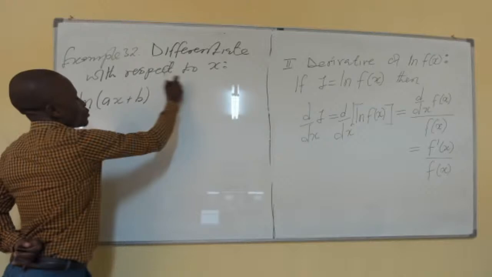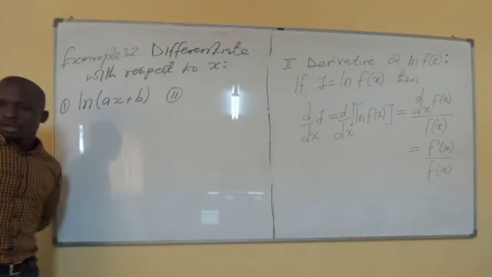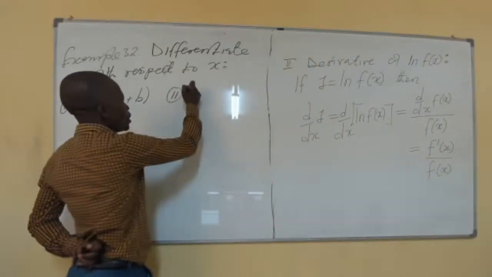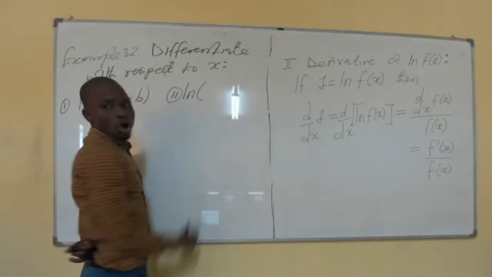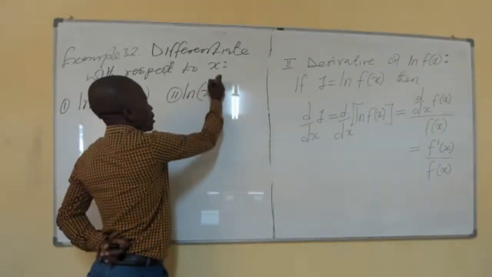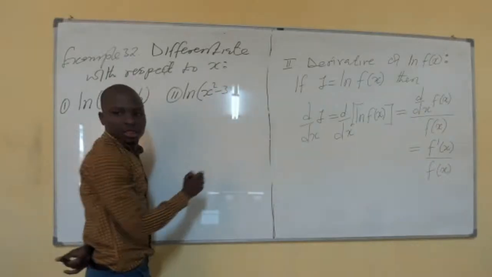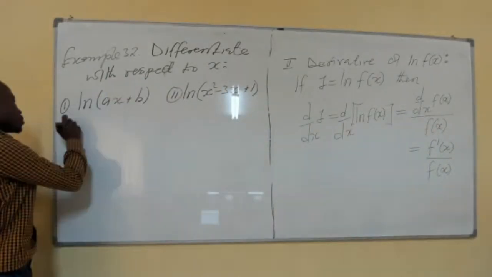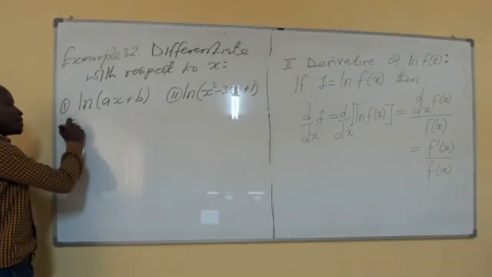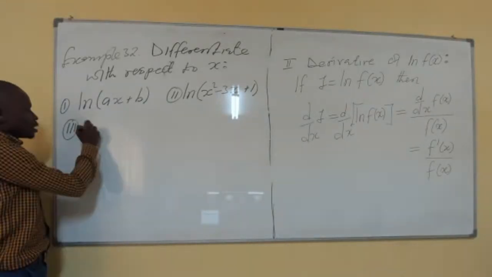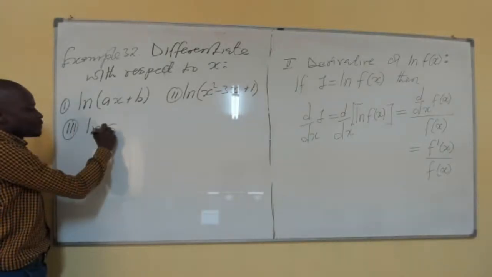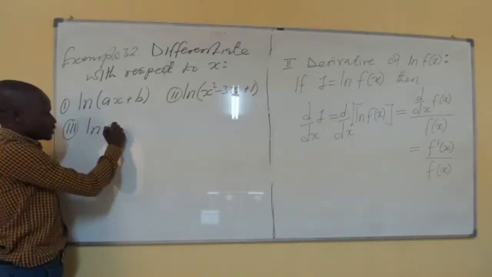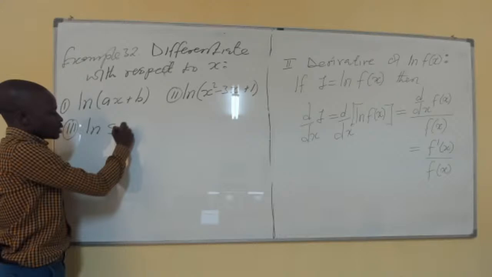The second one is the ln of x squared minus 3x plus 1. The third one is the ln of the sine of 3x.